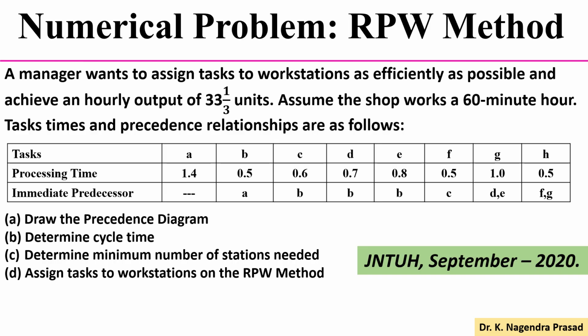Question D, assign tasks to workstations using the RPW method. Let's see the solution. In the data, the number of units is 33 1/3 and the available time is 60 minutes.